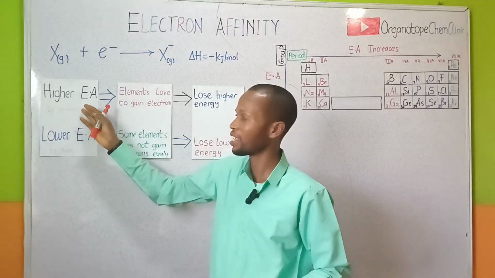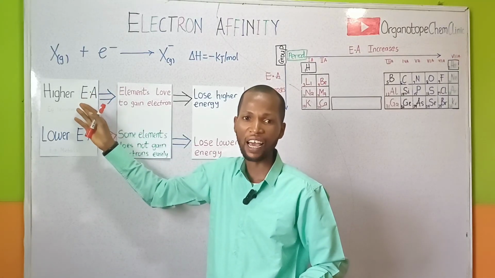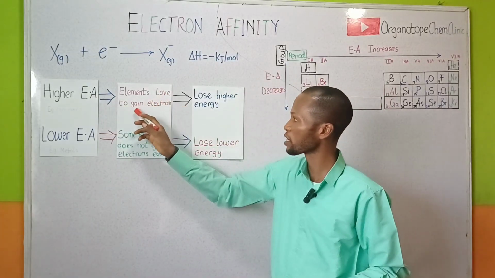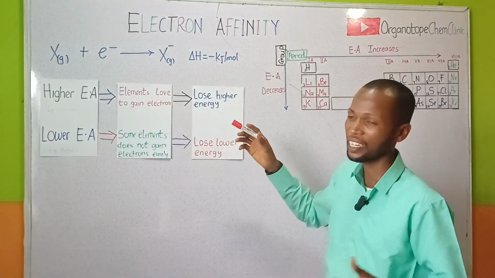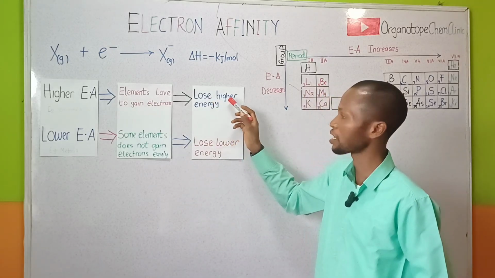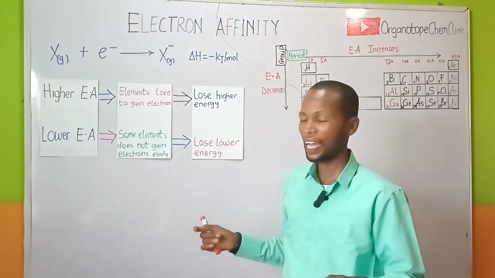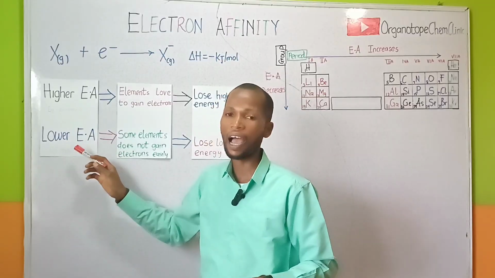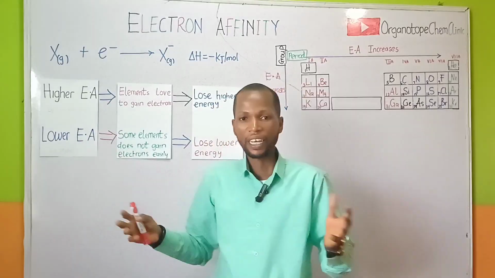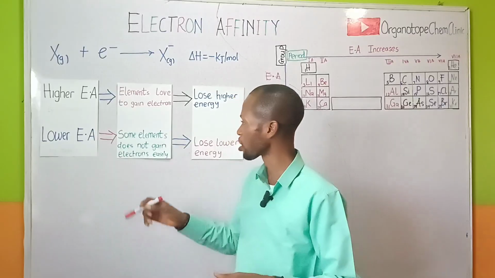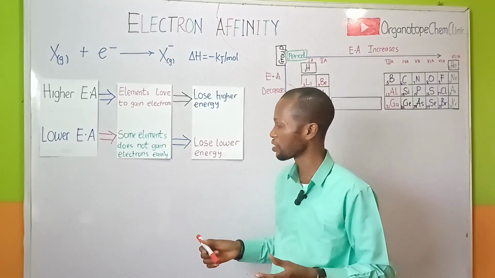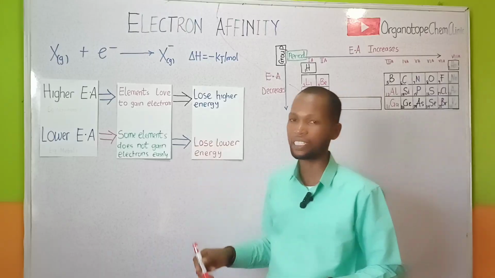Note these tips for your exams. When an element exhibits higher electron affinity, such elements will love to gain electron easily and in the process lose higher energy. But in an instance whereby an element exhibits lower electron affinity, then we can say such element does not gain electron easily, and invariably it will lose lower energy.